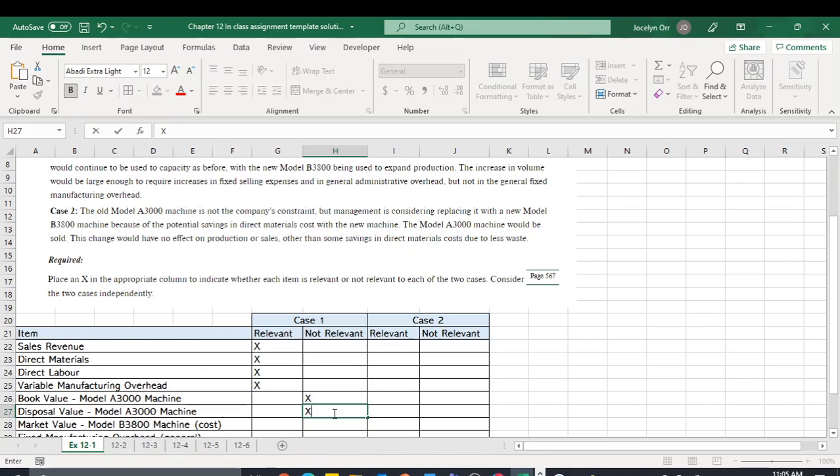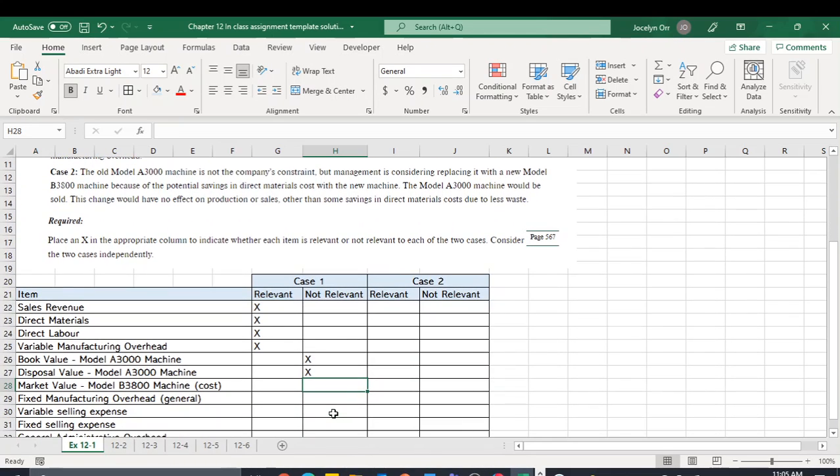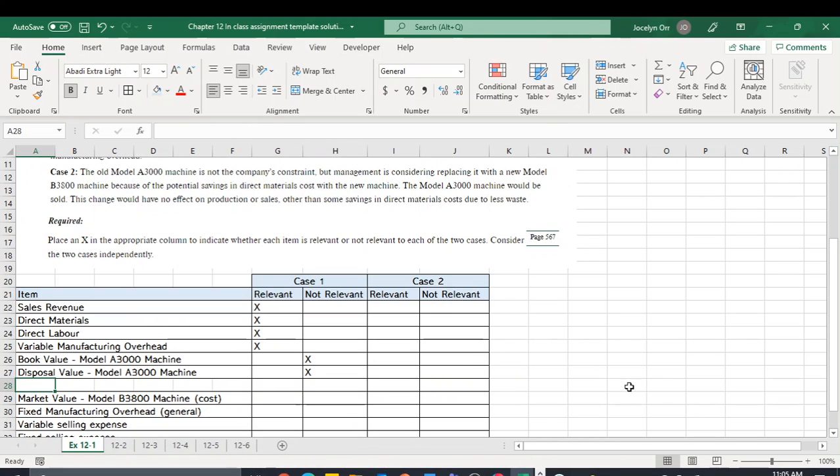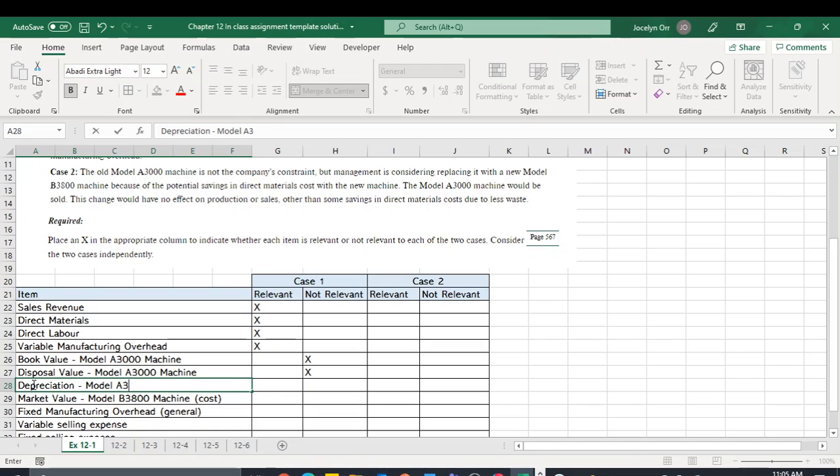When it comes to depreciation, I think I missed a row. Book value, disposal value. Yeah, sorry. There should be one more row in here that is for depreciation on model A3000.